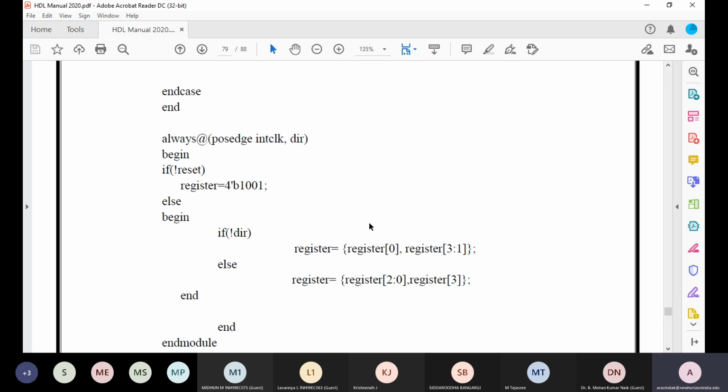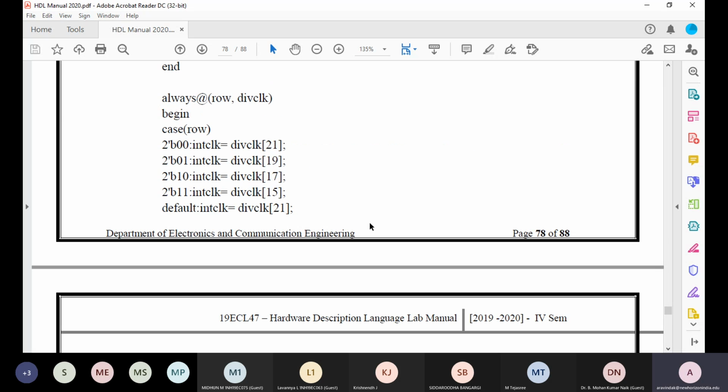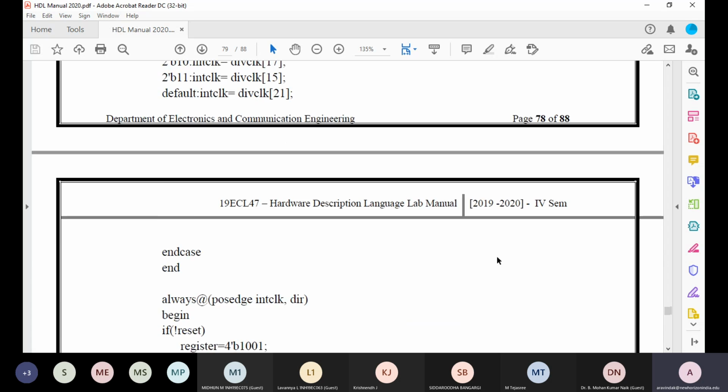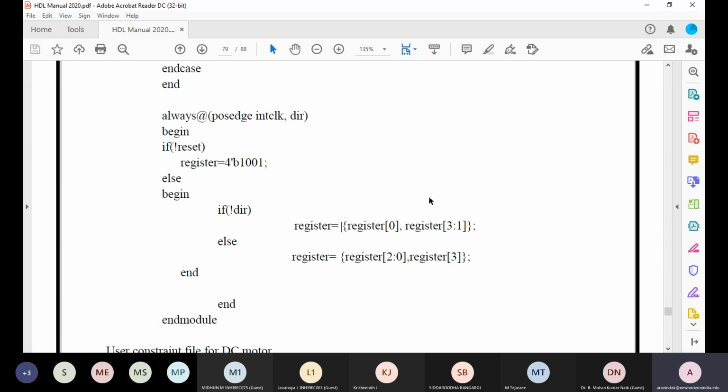So I have discussed how speed is going to be controlled for the stepper motor, and how the direction is controlled by means of this particular signal called register, where we give the direction only by another switch, by making it on or off simply.